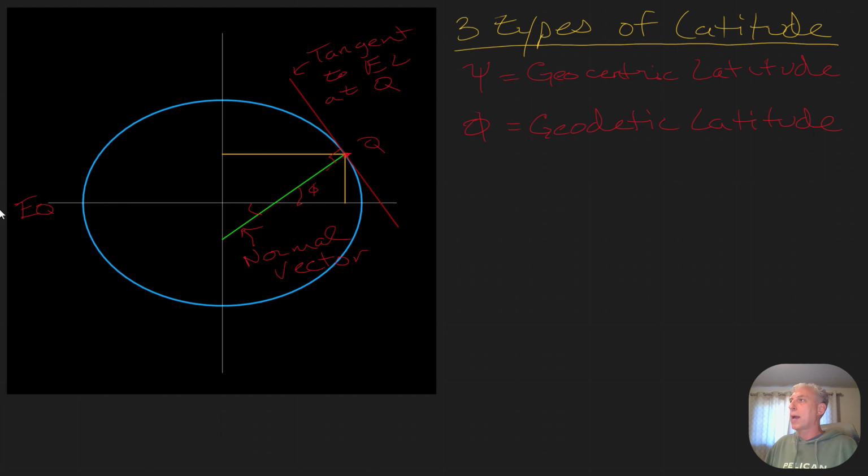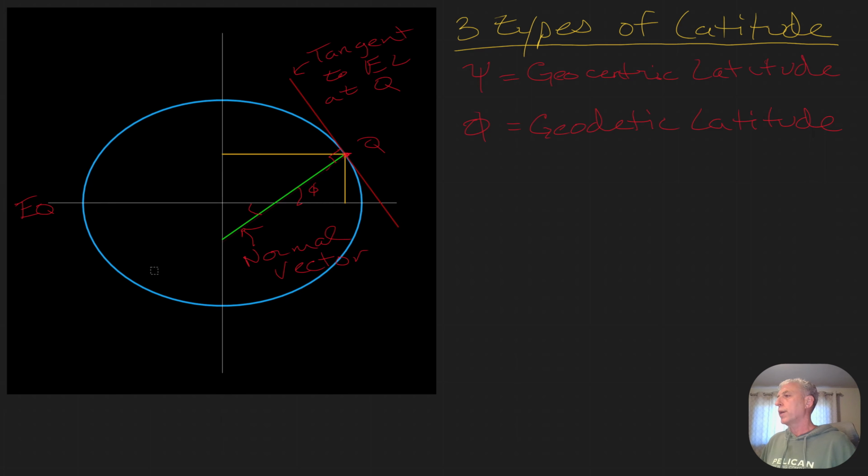Normal oftentimes means perpendicular. So it's perpendicular to the tangent at the ellipsoid. And that's where we're going to stay for a bit. The third type of latitude I'll talk about later. But this phi, the geodetic latitude, can get pretty complex, and that's what we usually refer to when we talk about latitude on the ellipsoid.